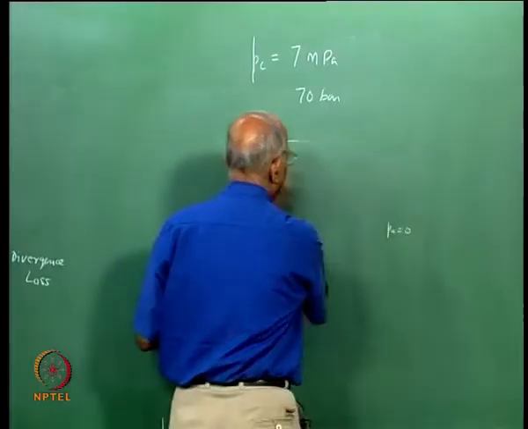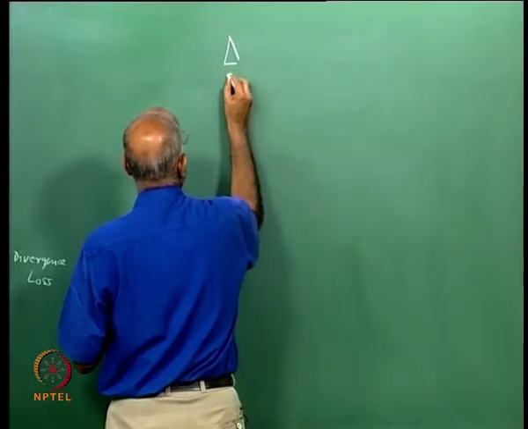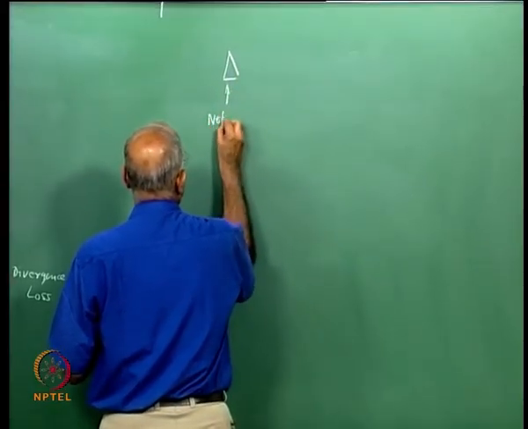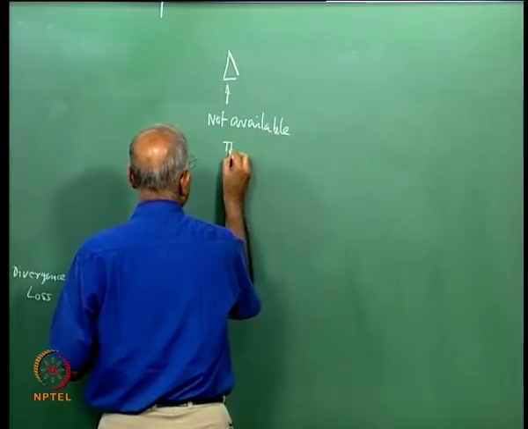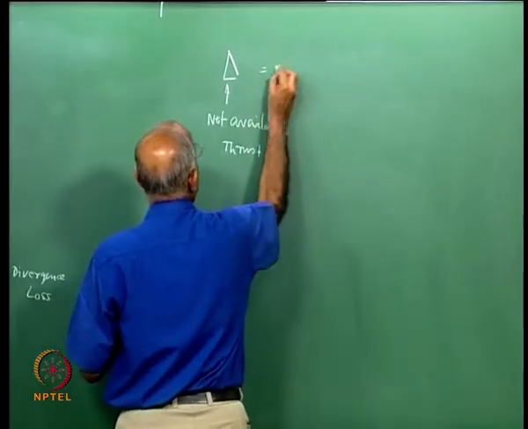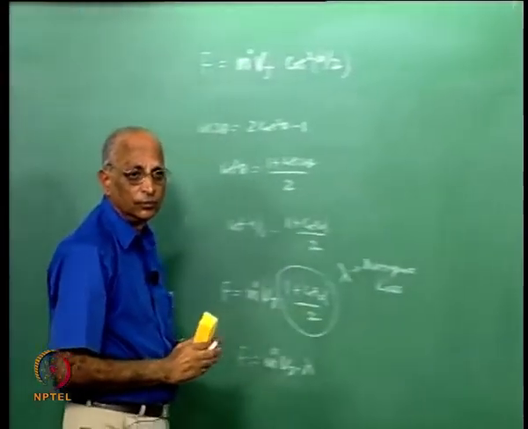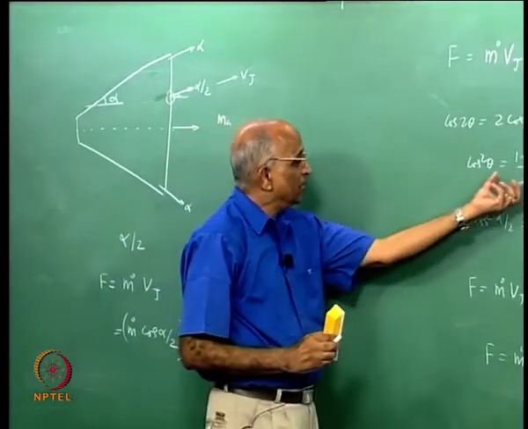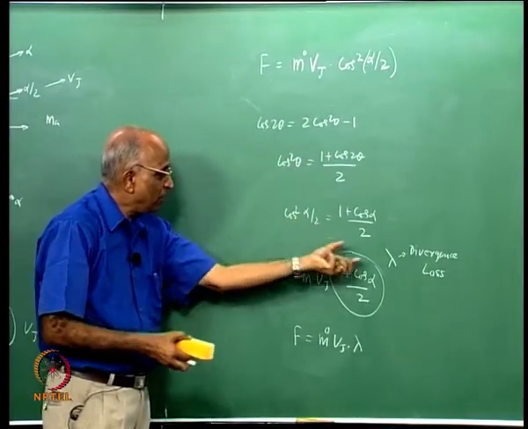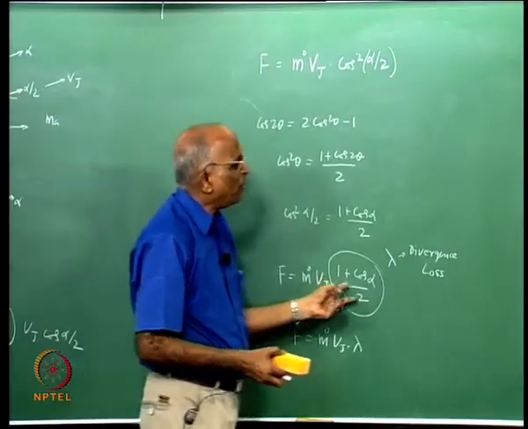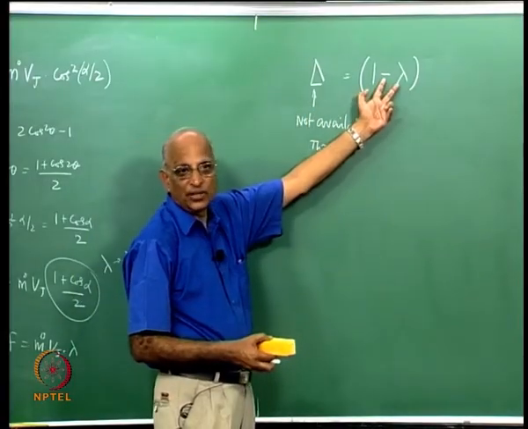What is not available? Let us say what is not available is delta. The thrust not available is equal to 1 minus lambda. In other words, lambda tells me the fraction of the availability, which we call the divergence loss factor, and the thrust which is not available is 1 minus lambda.